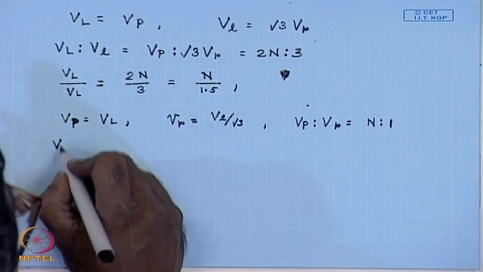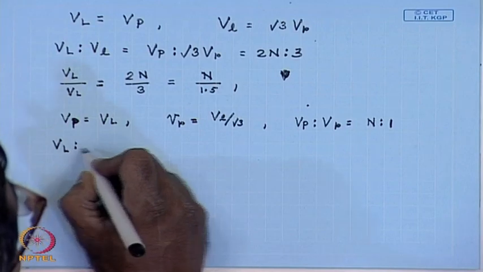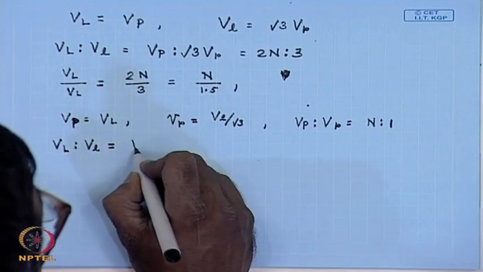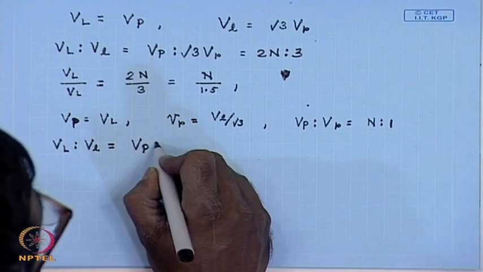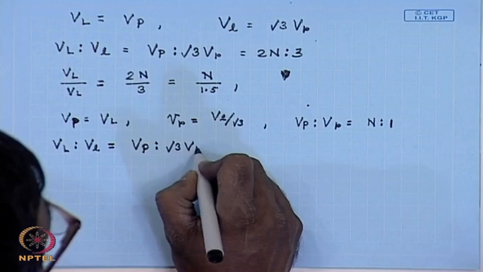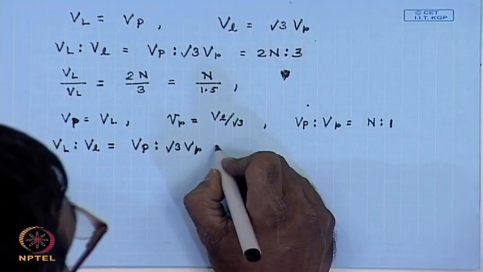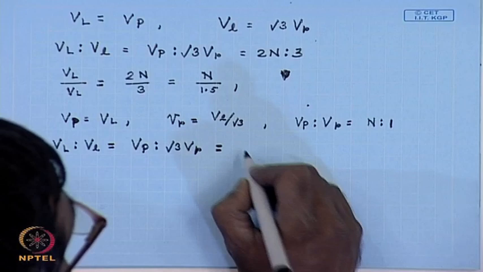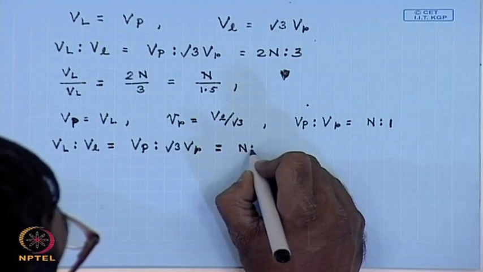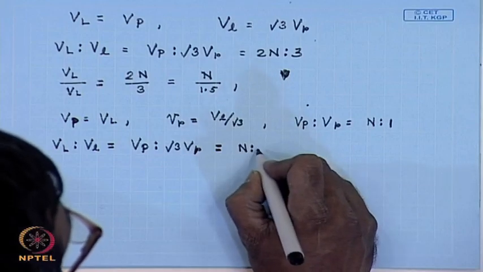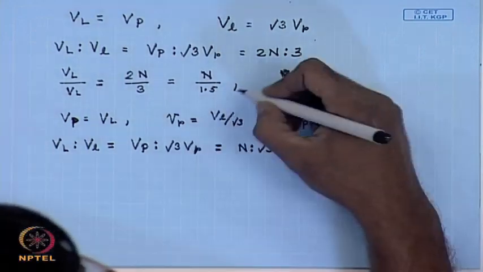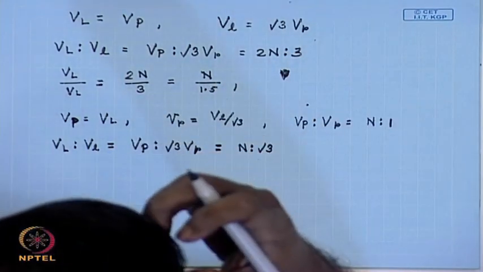Therefore, V_L to v_L would have been root 3 V_P to V_P, equal to n is to root 3. So, this is the difference.